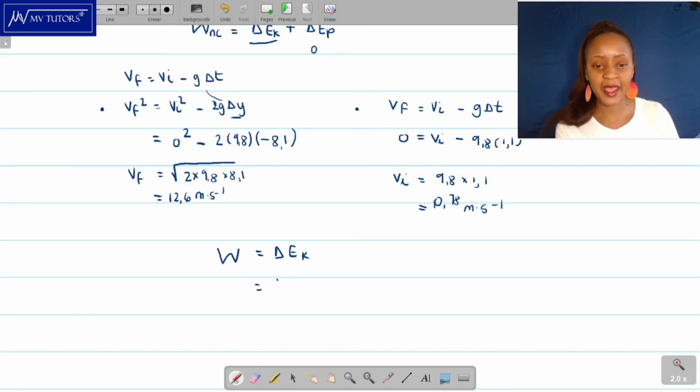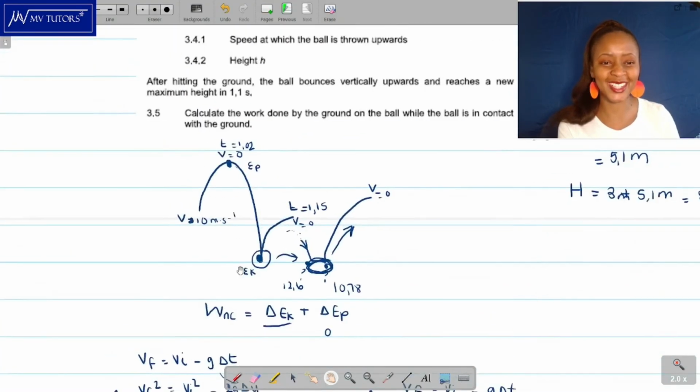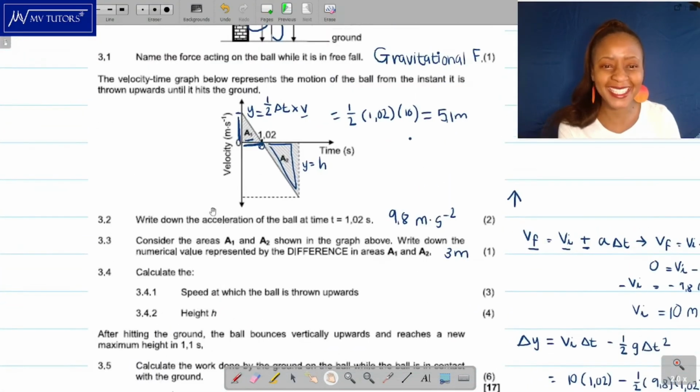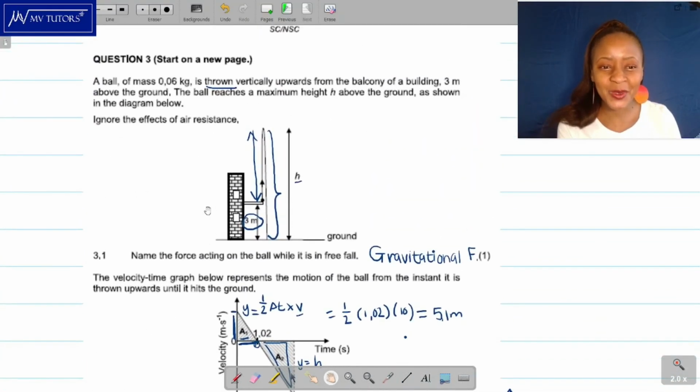Alright, so we have half m, and we have final velocity squared minus initial velocity squared. So the weight or the mass of the ball, they said it there, I forgot at the beginning when we thought it was useless information.